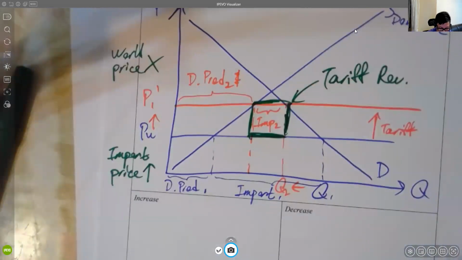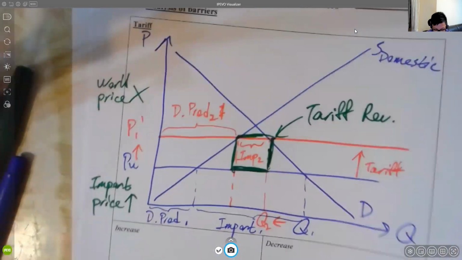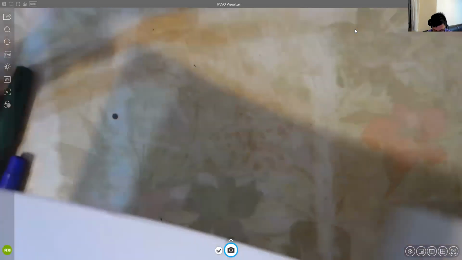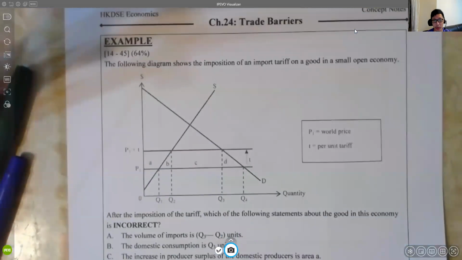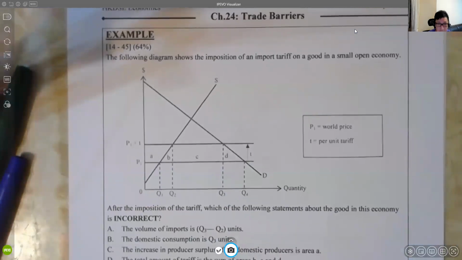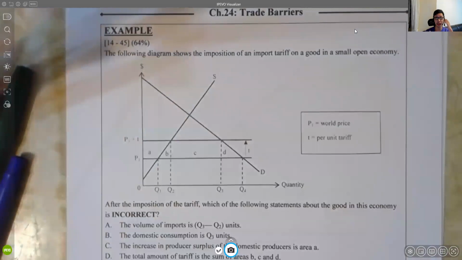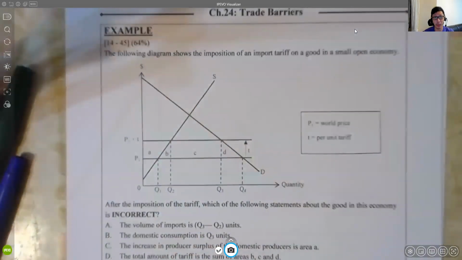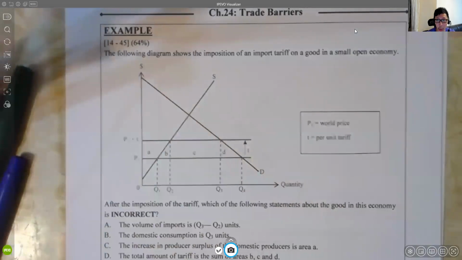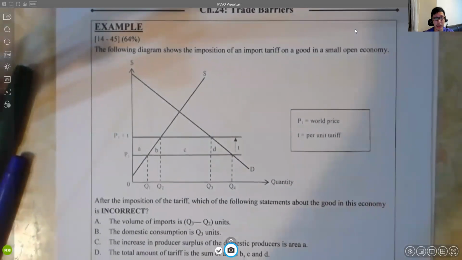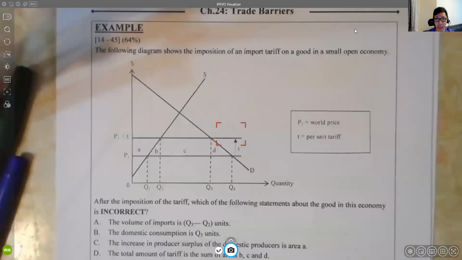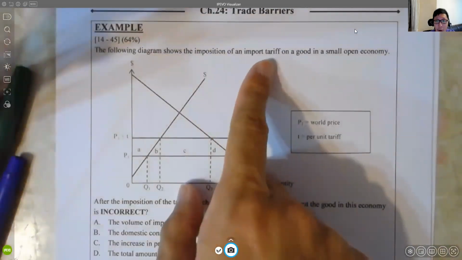Alright, let's not talk so much nonsense. Let's look at some questions, how it would appear in practice. Now here, let's go to page 4. You see, the first question for this topic appears in 2014. It wasn't tested in 2012 or 2013. So the following diagram shows the imposition of an import tariff.